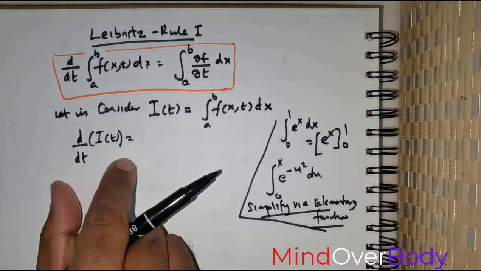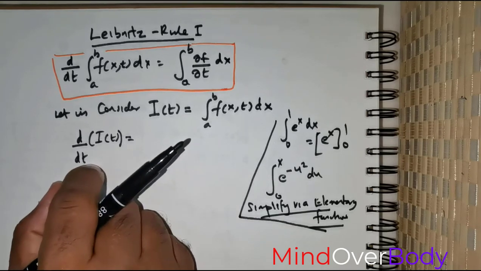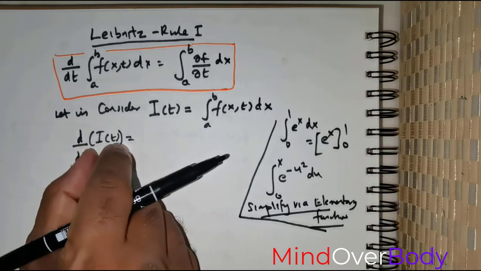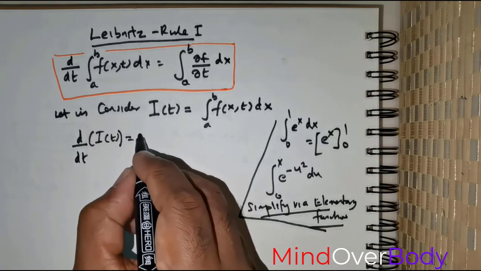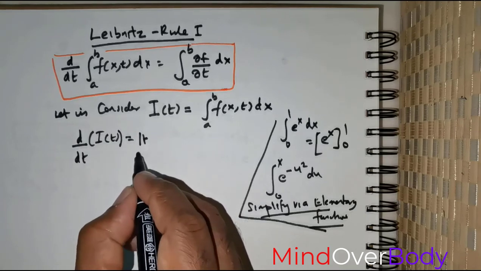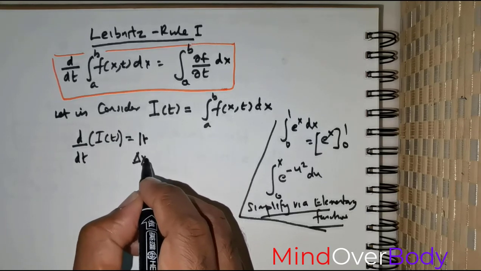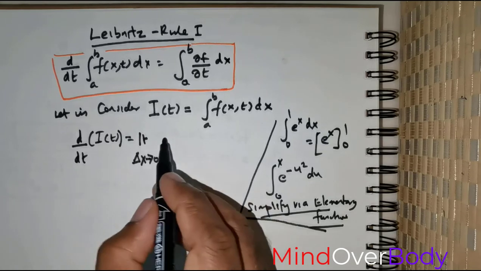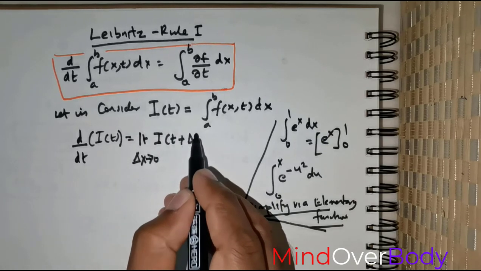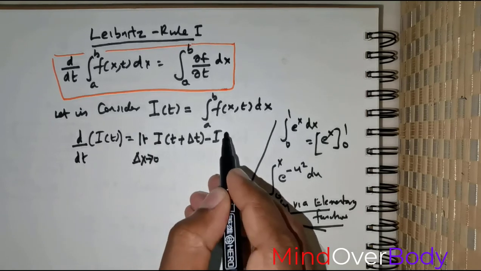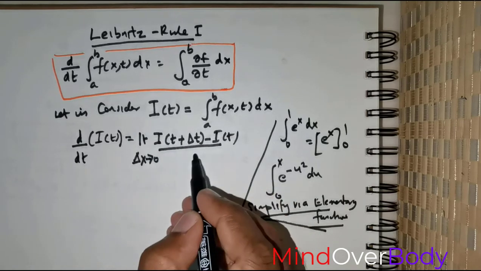Now if I apply the differential operator to this function, then by definition I can rewrite this as the limit as delta t tends to 0 of I of (t plus delta t) minus I of t, divided by delta t.